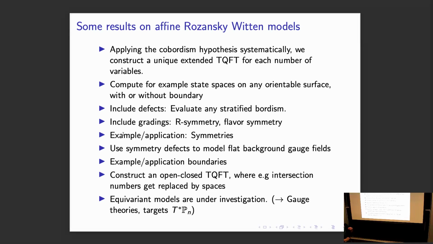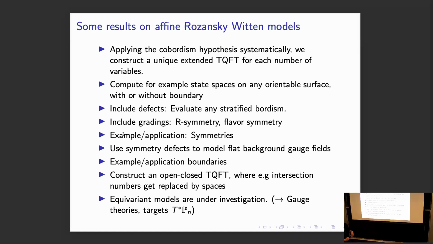One can give the explicit defects for each of these symmetries. That also means that we can put defect networks on the surfaces. I showed you how to compute state spaces on the torus, and you can dress this torus with any defect network of these symmetries, and again compute the state space and see what comes out.